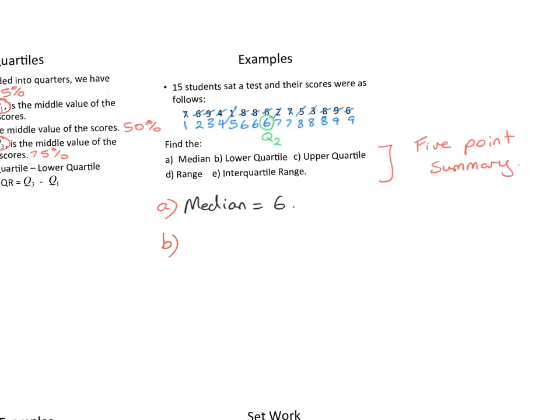And we're going to just focus on this lower group that's in red and find the median of those. Okay, so I can see there are 7 scores in that red group. So the median score of that red group must be the 4, and therefore the lower quartile, Q1, is 4. So we can say lower quartile, or I'm just going to say Q1 must be 4.